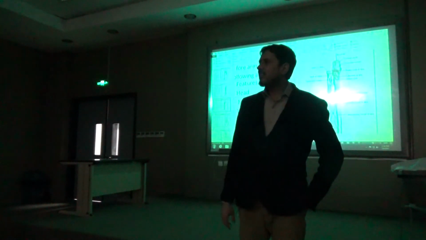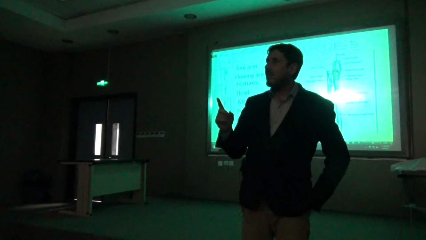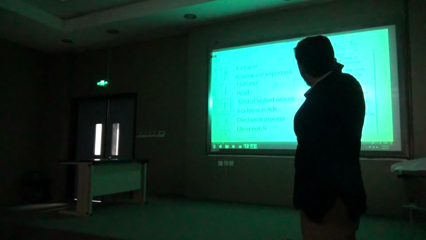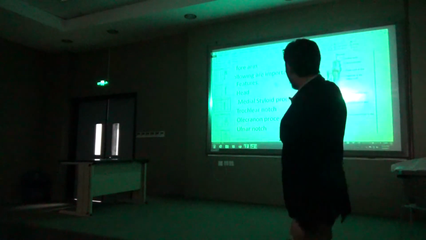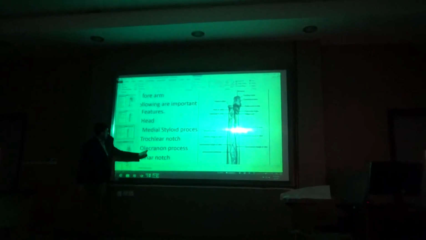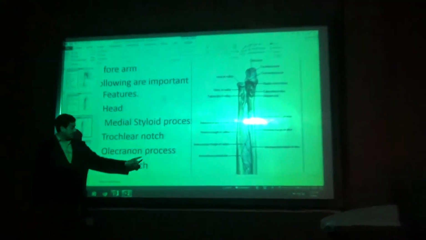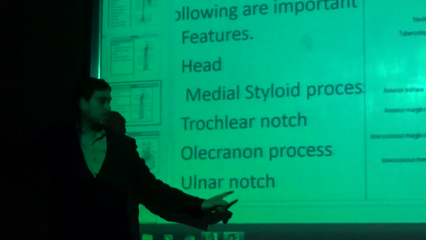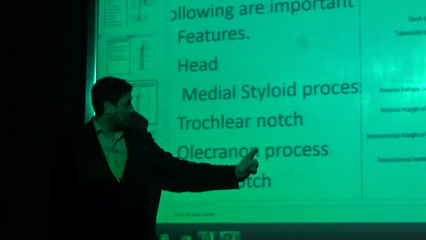In ulna or radius? Ulna. Radius, ulna, upper part, look at this, olecranon process. What is this? Olecranon. And there is the ulnar notch. I am not going to discuss it here. We will see it inshallah in the lab. What is this one? Olecranon.